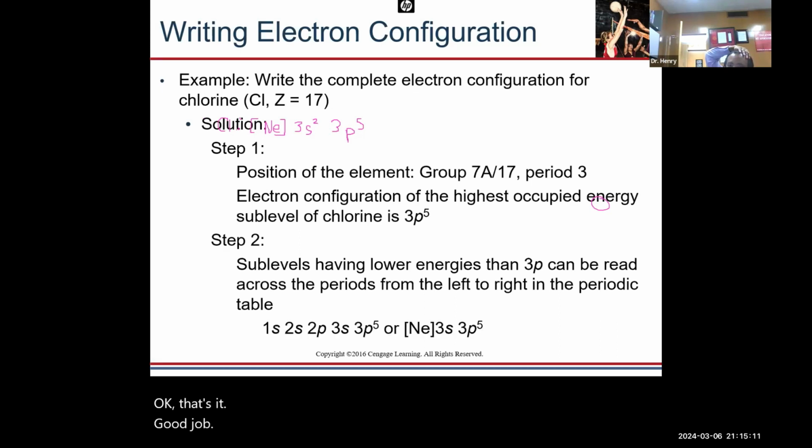You know what? On where it says writing electron configuration on step 2, it says neon 3s, but it doesn't have the 2 superscript.